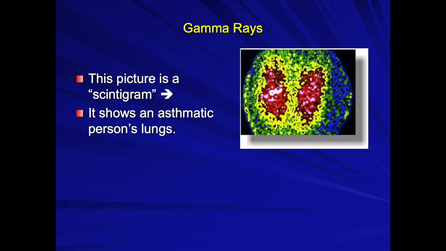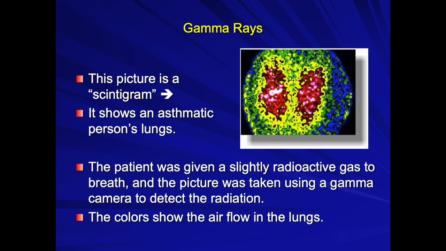Here is an example of a person's lung who has asthma. The patient was given a slightly radioactive gas to breathe, and the picture was taken using a gamma camera to detect the radiation. The color shows the airflow in the lungs.